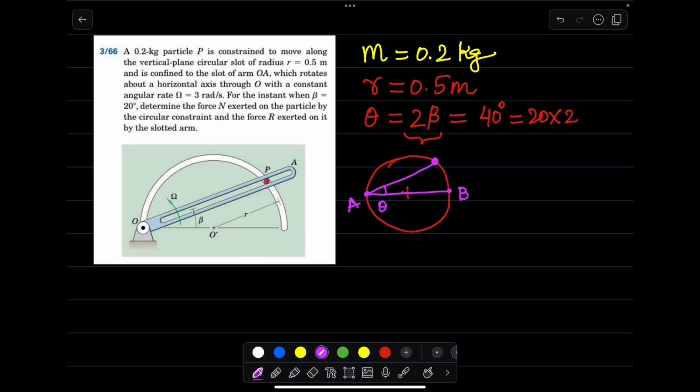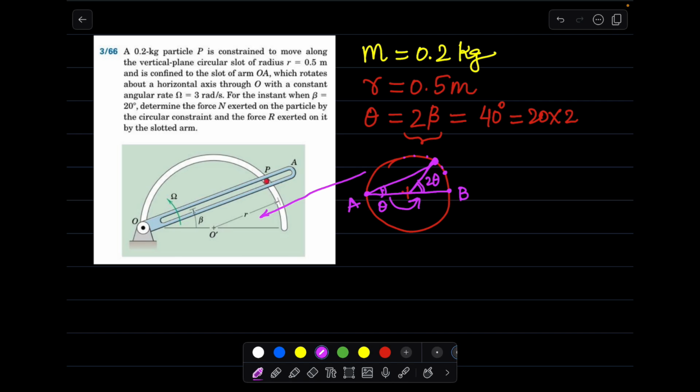Then if we connect this point to the center of the circle, the angle it makes will be double the theta. You can take this point anywhere on the circumference, and you will find the relationship between this angle and this angle is always double. That's why we applied this concept in this problem.